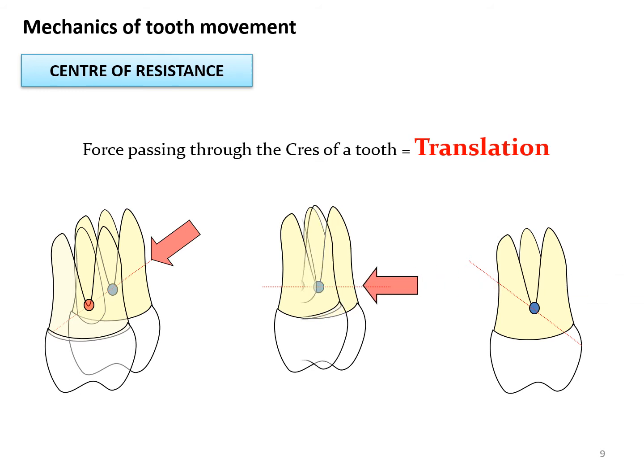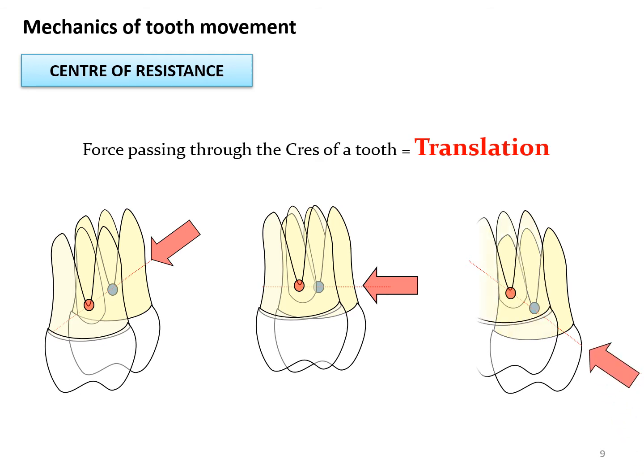The same happens when the direction of force is changed; the tooth will translate in that direction. And again, if the direction of force applied is changed, the tooth is going to translate in the opposite direction. So knowing center of resistance, you can understand in which direction the tooth will translate.